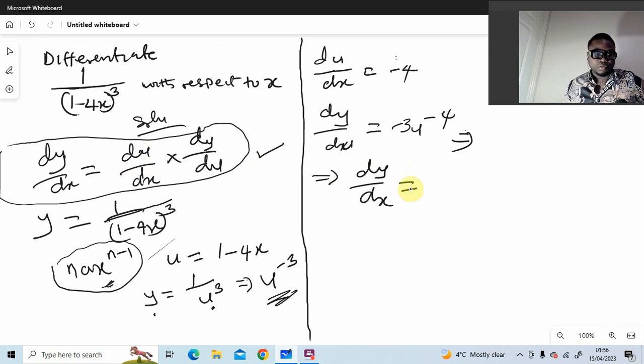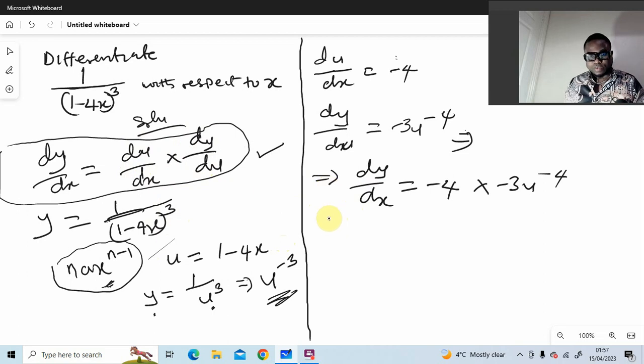It will be equal to du over dx, which is minus 4, times dy over du, which is minus 3u raised to the exponent minus 4. Now this formula is valid because the u can cancel out the u here to give you dy over dx.